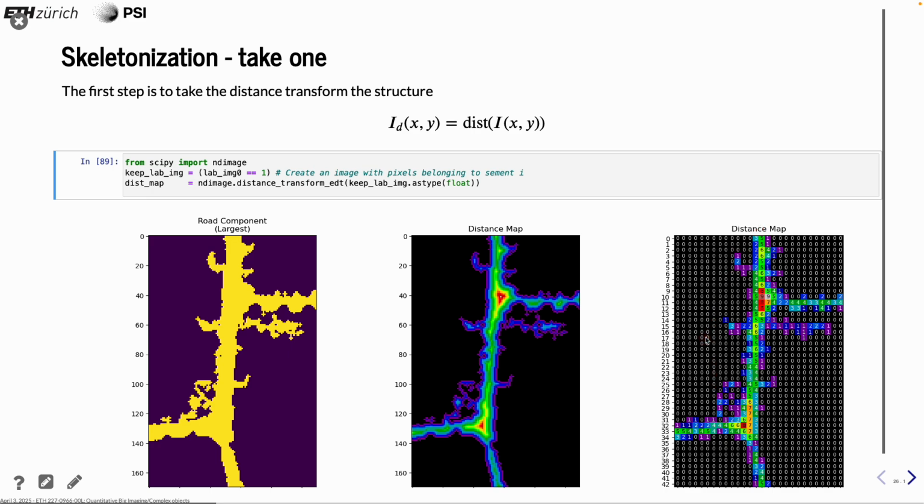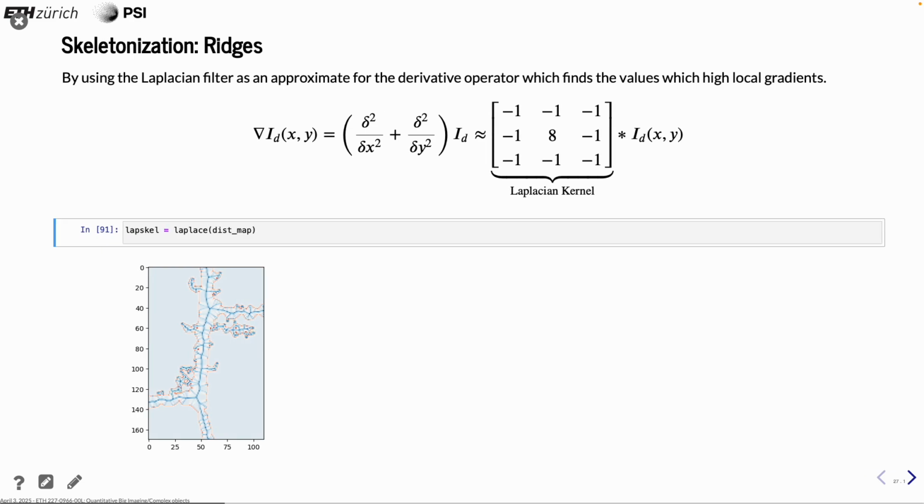So this would be our distance transform, and now the next step to find the ridge is to compute the Laplacian of the image. And the Laplacian has an approximate filter kernel looking like this. So this is what we apply to our distance map. And when we do that, we get something like this.